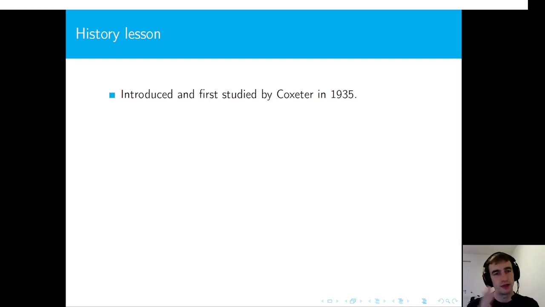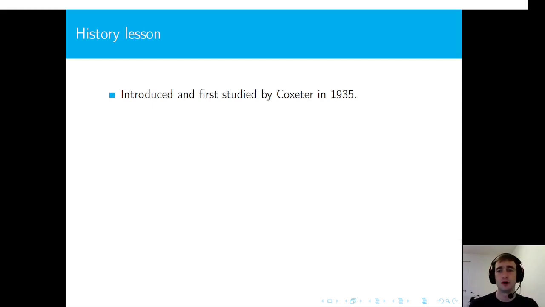And what Coxeter realized is that these reflection groups come from a presentation that looks exactly like a Coxeter group. And you can go back and forth between them, and this gives you the right framework to study these groups.